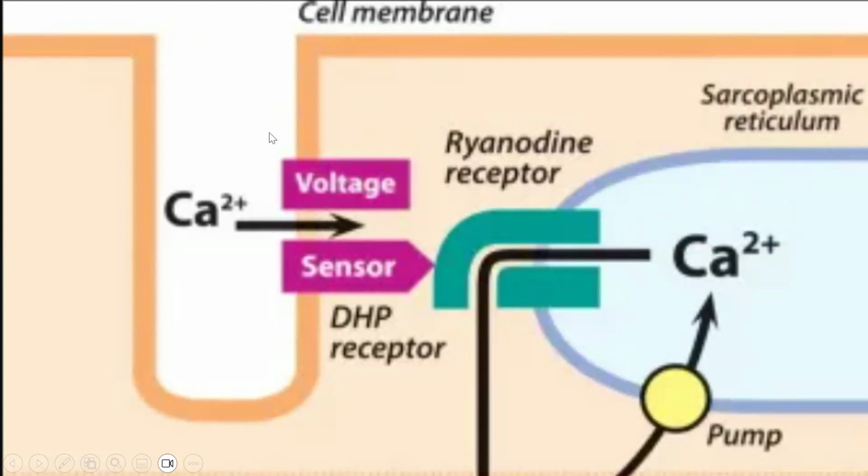So depolarization will come here. The dihydropyridine channel senses this change in the voltage and will open, and calcium will enter. This causes conformational changes to the ryanodine receptor. The ryanodine receptor will open and causes calcium to go out from the sarcoplasmic reticulum into the sarcoplasm or the cytoplasm.